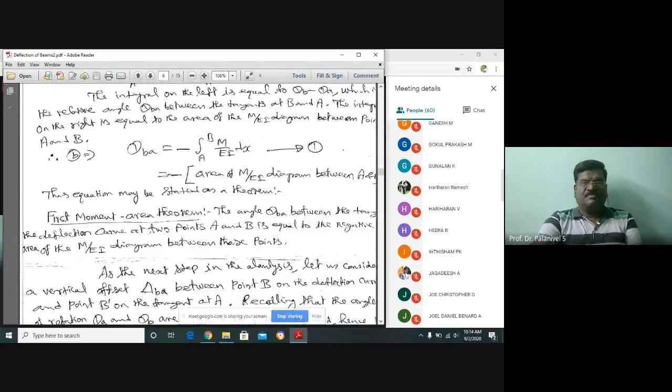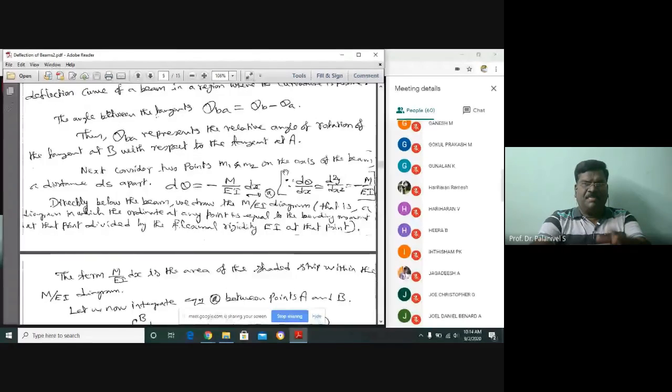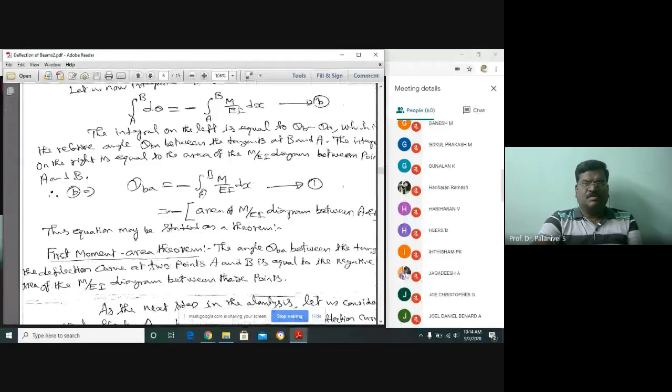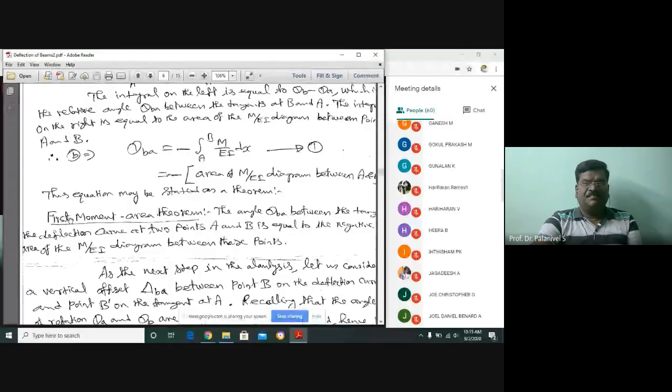From the geometrical property we get this expression, and it may be stated as a theorem, called the first moment area theorem. Please, all of you remember the first moment area theorem. If you don't like the relative angle of rotation, you can write it differently.